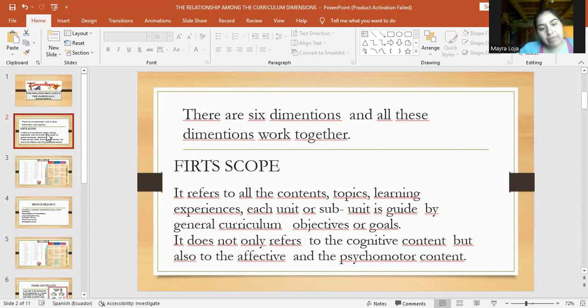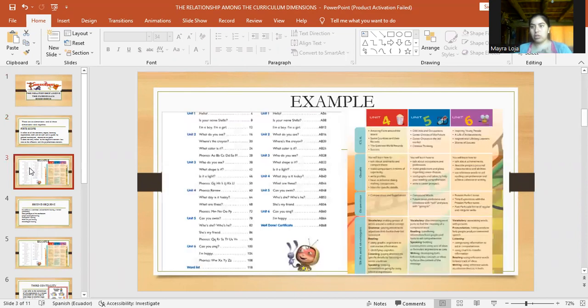Okay, we are going to start with the first dimension, which is called the scope. Basically, the scope refers to all the contents, all the topics, all the learning experiences, and this is divided into chunks, because in this case we are going to see the scope of unit, subunit, and chapters, and all these things are going to be guided by the general curriculum.